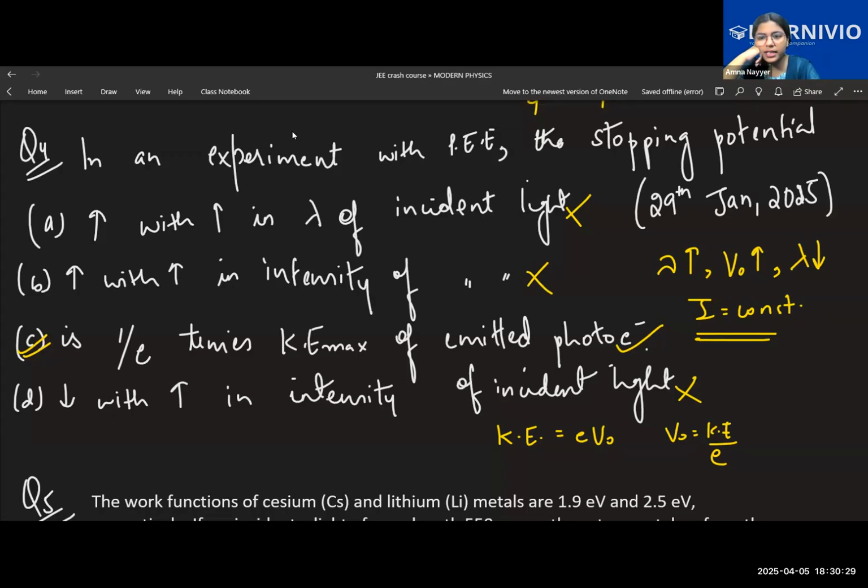De Broglie's wavelength, I'll take them tomorrow. Time is up. Just one more question. Let me discuss with photoelectric effect. De Broglie wavelength, we'll not be able to do it today.